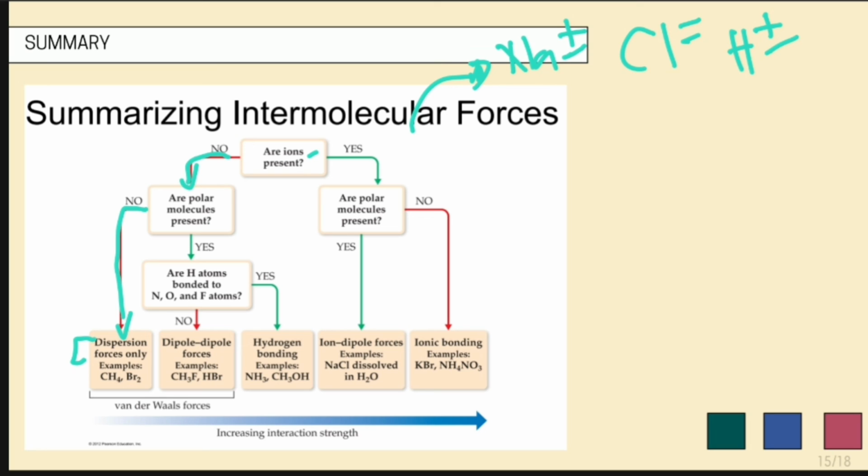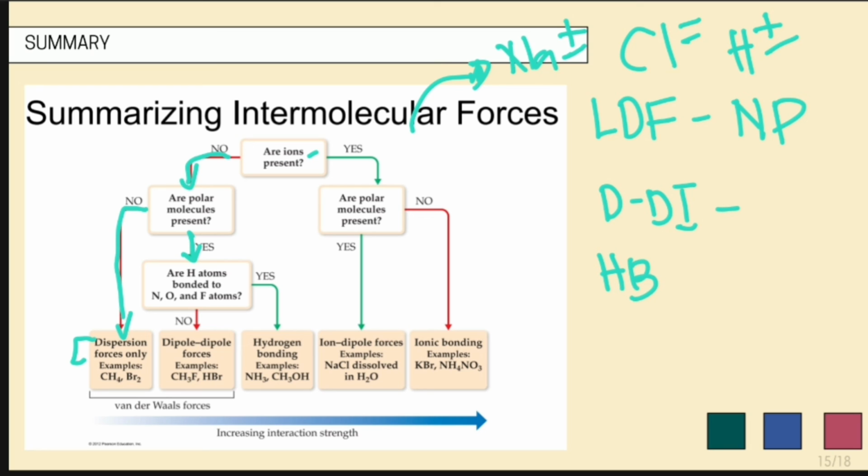Hindi nyo kakalimutan. If the LDF is the present intermolecular force, therefore, non-polar molecules yung involved. Ngayon, kung ang sagot mo, yes, there are polar molecules present. So, dalawa lang pagpipilian mo dyan. Kapag polar, it's either dipole-dipole interaction or the hydrogen bonding.